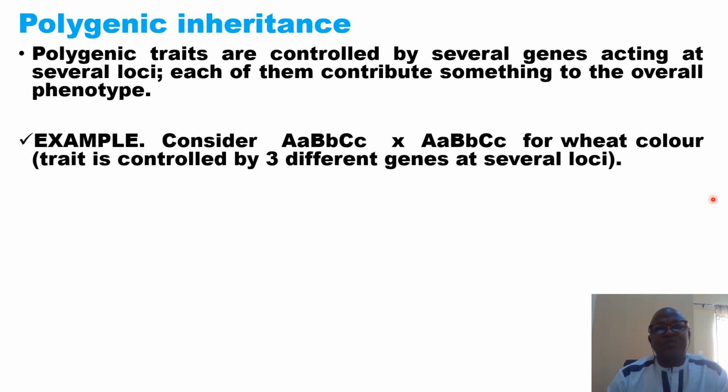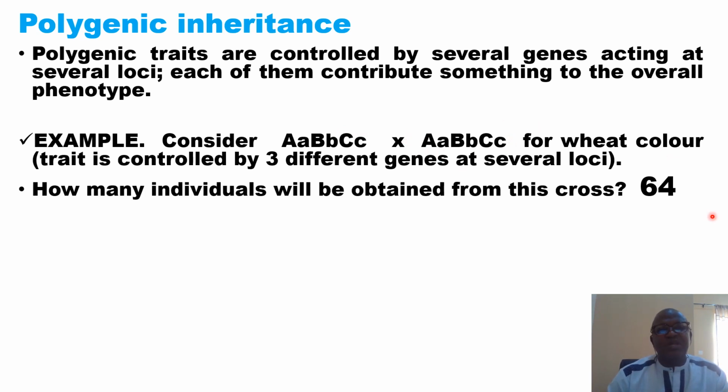So let's consider, for example, a mating or a crossing in wheat. This is the gene for wheat color, and this shows that wheat color is a trait that is controlled by 3 different genes acting at several loci. So we have A, B, and C being the 3 different genes.